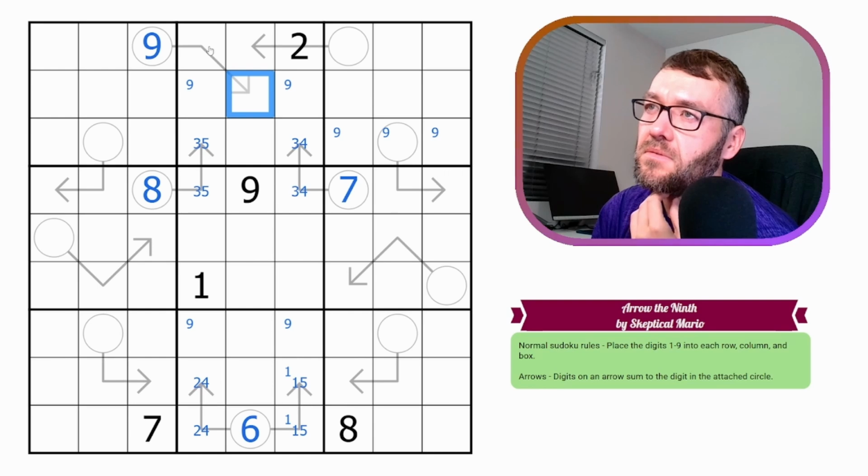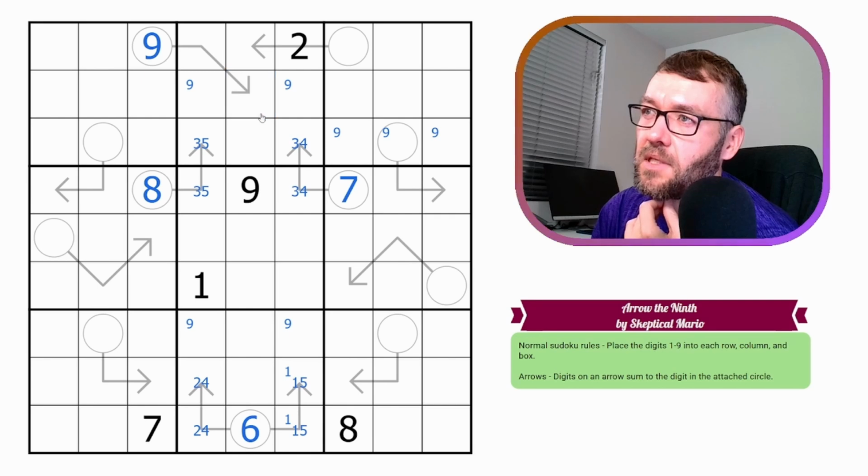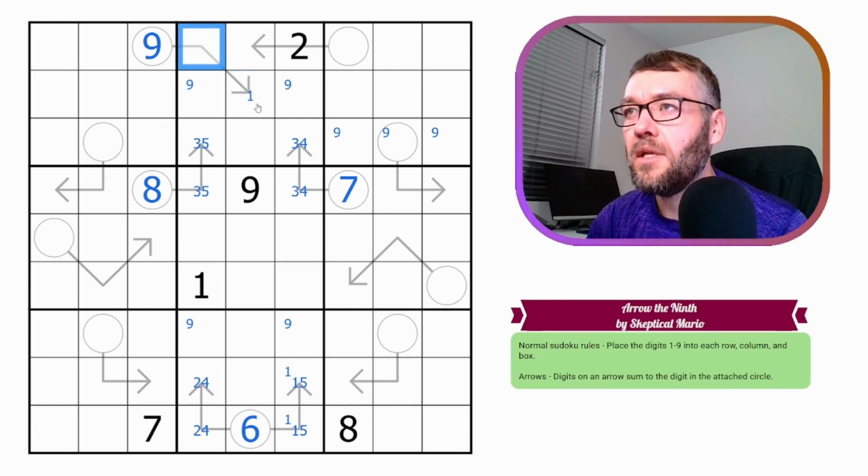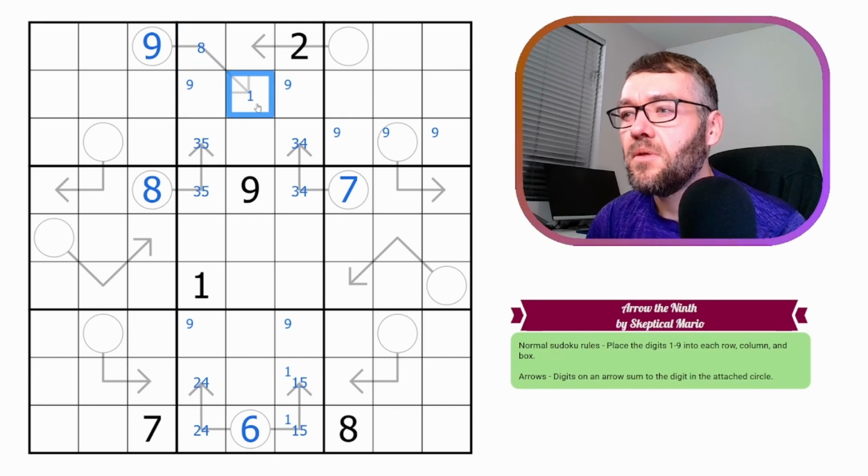Can't do 7, 2. We could do 6, 3 this way, but not this way. We can't do 5, 4. So the two options are 1 and 8, or 6 and 3.